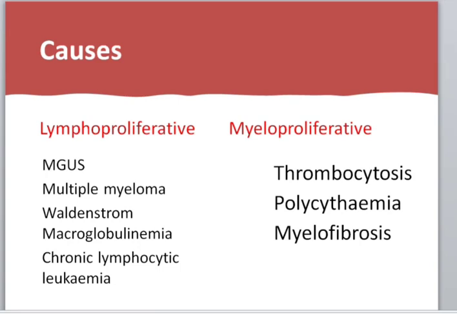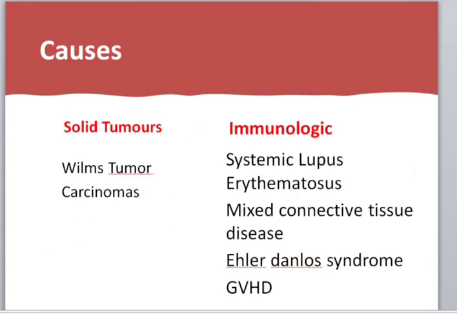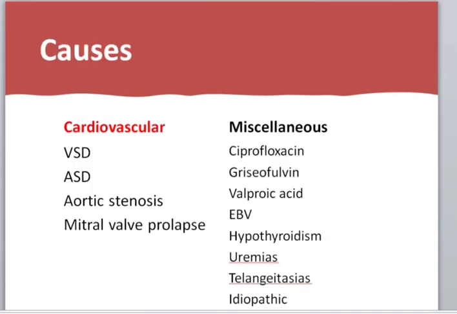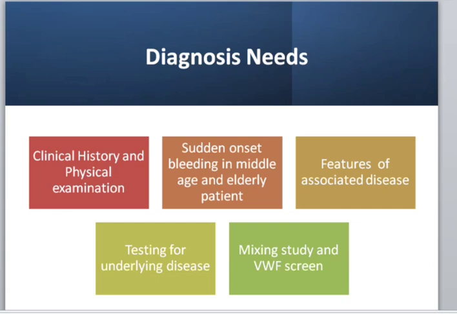So write it like: lymphoproliferative, for example Waldenstrom; myeloproliferative, for example polycythemia vera; solid tumor, i.e. Wilms tumor; immunological diseases, i.e. mixed connective tissue disease; cardiovascular disease like atrial septal defect; drug causes, ciprofloxacin; miscellaneous or others, hypothyroidism. So it will give you full marks.